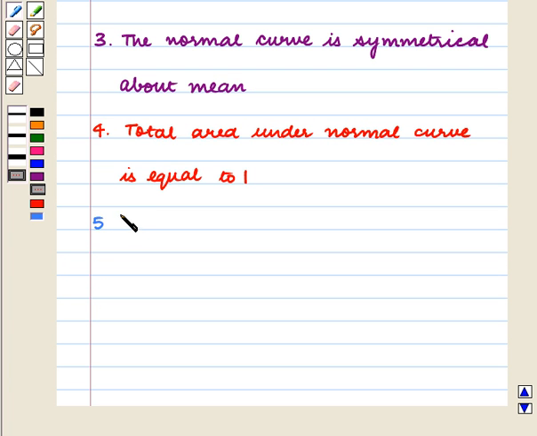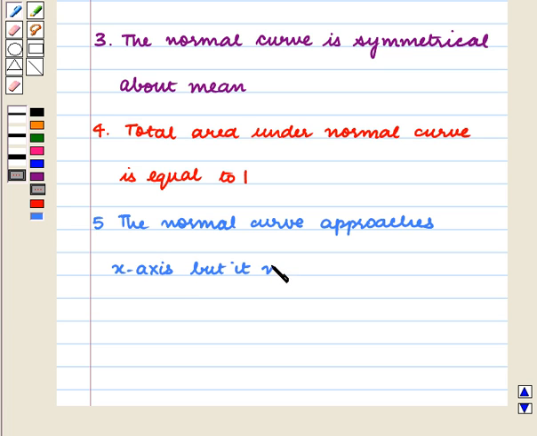The normal curve approaches x-axis but it never touches x-axis as it moves away from mean.